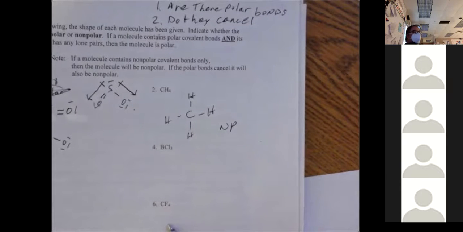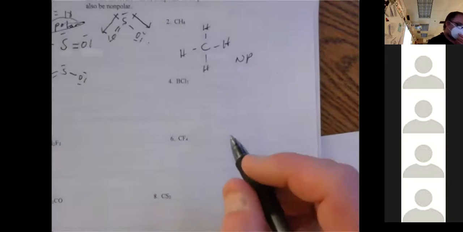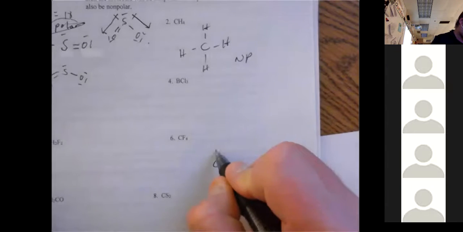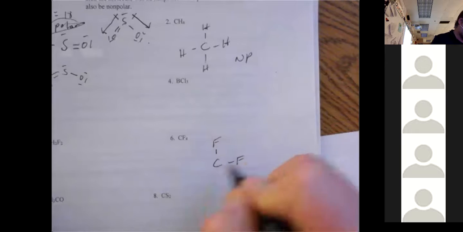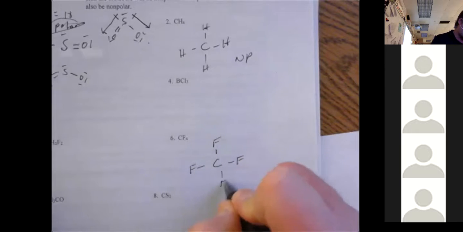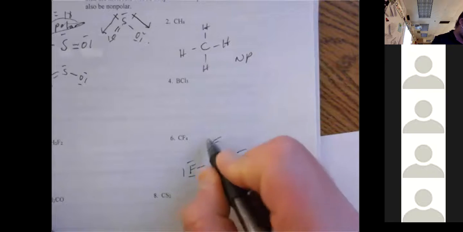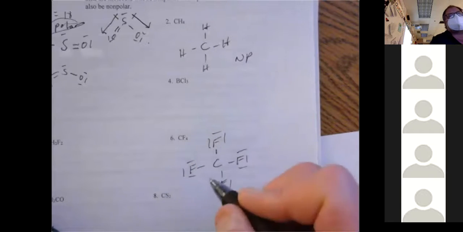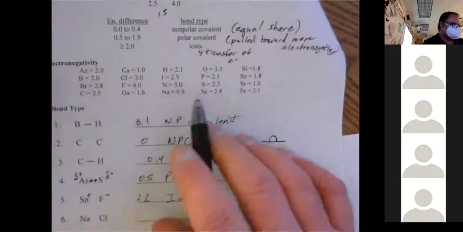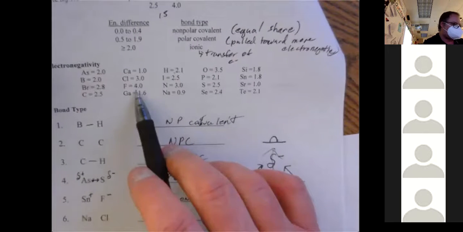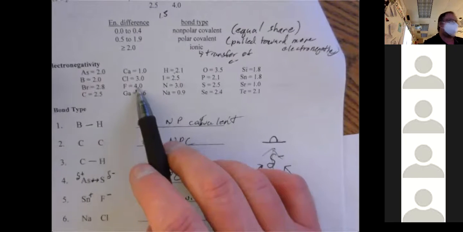Let's jump down to 6. This time, instead of H, we have F. This is also tetrahedral, and the electronegativity difference between C and F is 1.5.